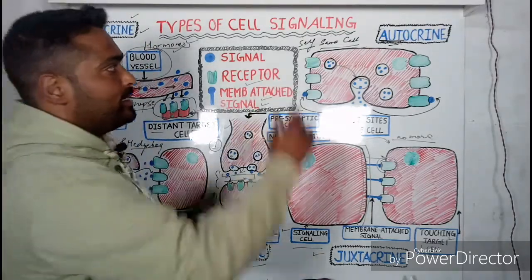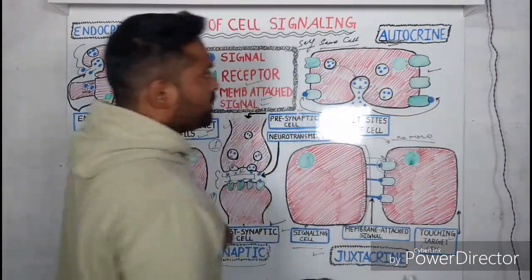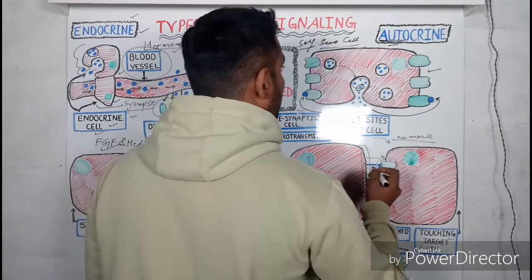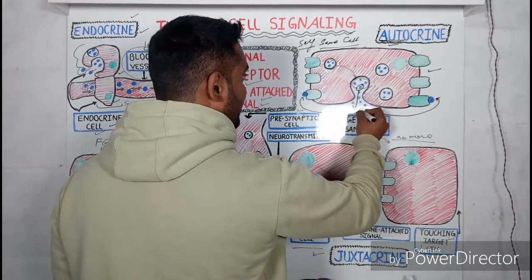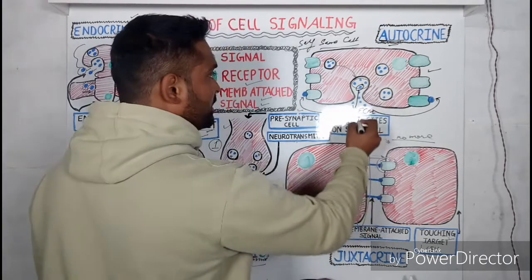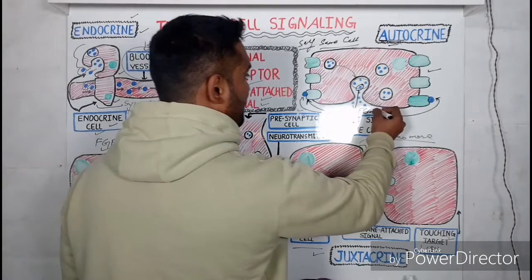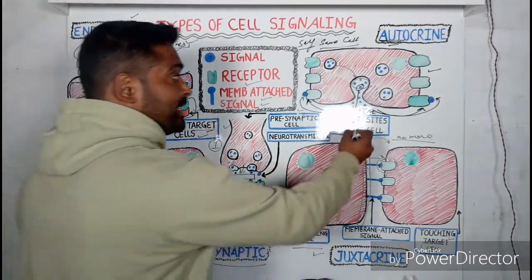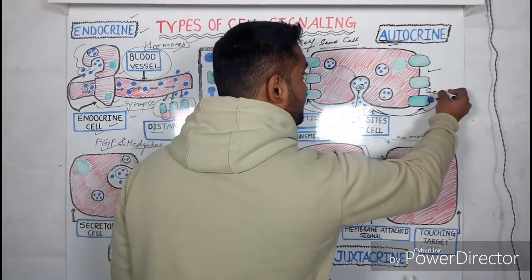Now let's understand this through this diagram. The signals are here, signaling molecules. After they are in the extracellular matrix, it's their turn now to go to these receptors. These receptors are present on the same cell.